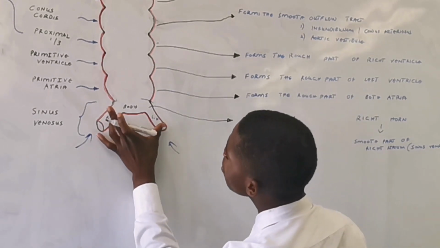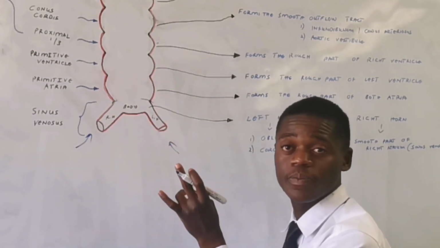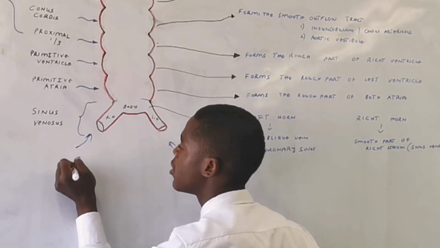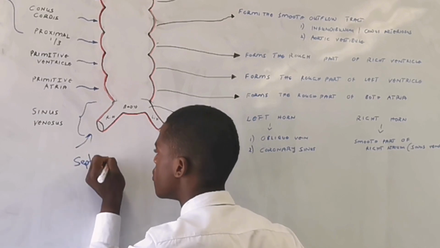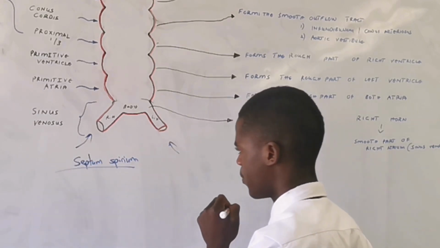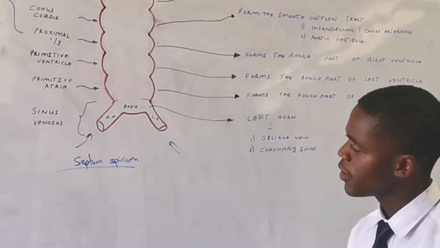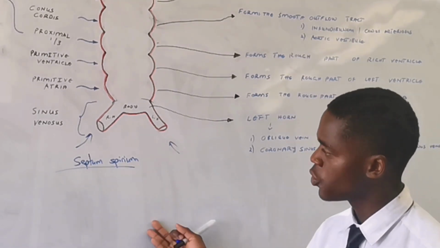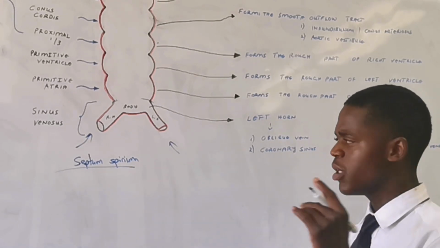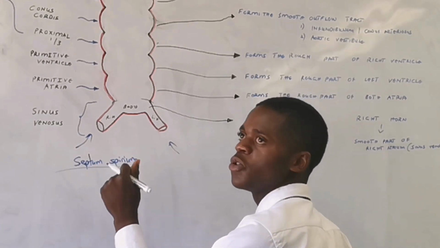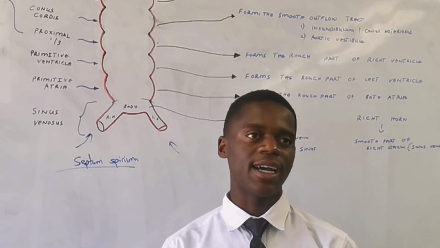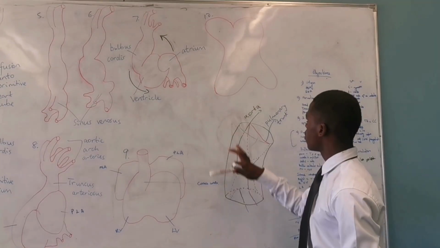When these two valves are fused inside the right atrium, they form a ridge that we refer to as the septum superior. We need to take particular note of this because it's going to be helpful as we discuss septation of the atrium.